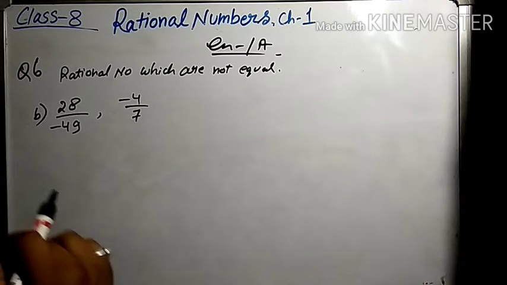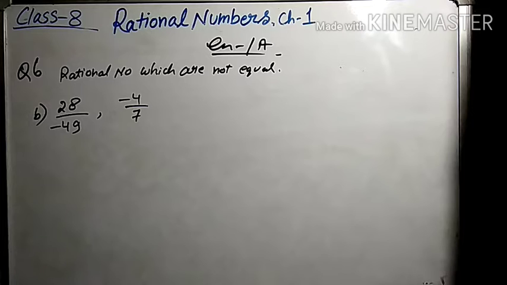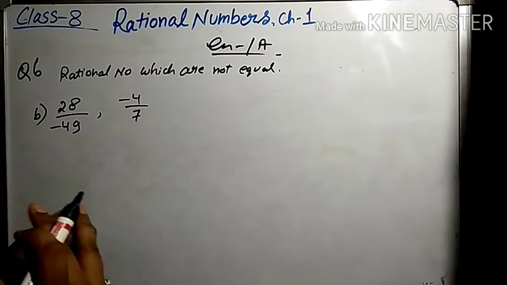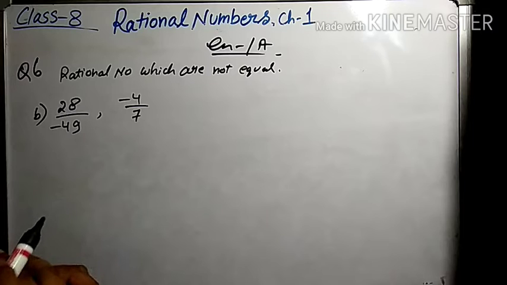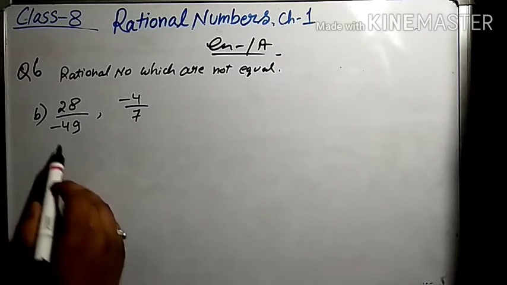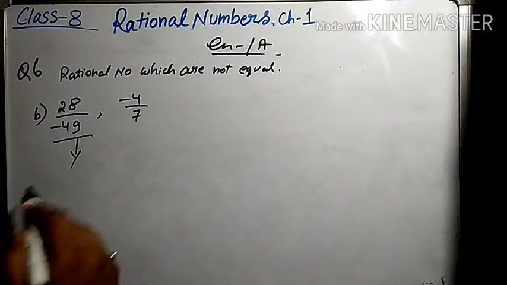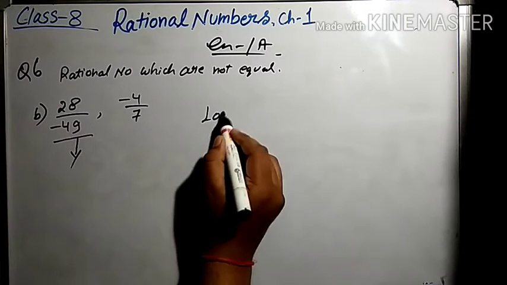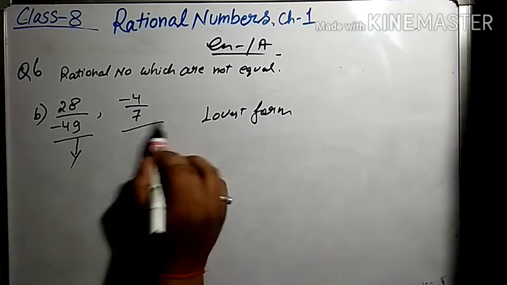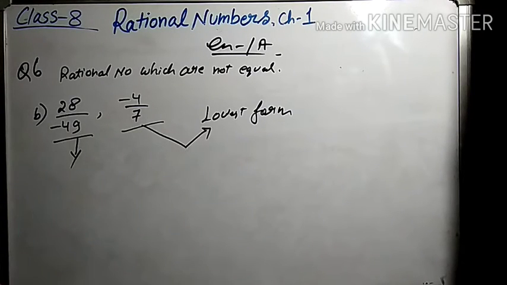Now the next question, we have to compare the two given rational numbers and find whether they are equal or not. So when we have two rational numbers, as I have already discussed, we have to convert both of them into lowest form. Now we already know that this one is already in the lowest form.